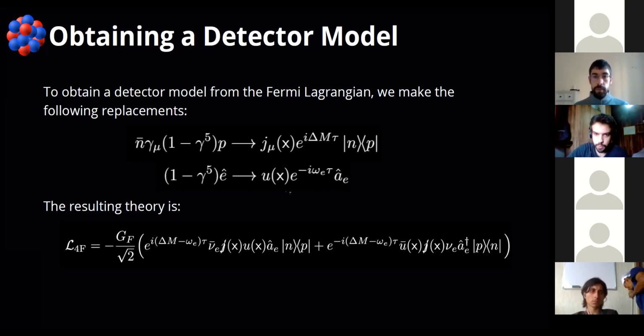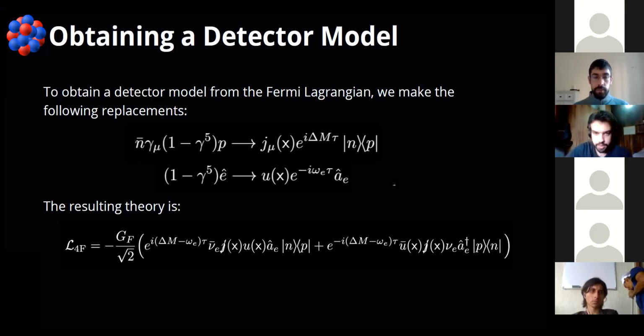And this u of x would be a spinor function associated to the position profile of the electron involved in this process as well. And the AE would be the electron annihilation operator. If this would be an E bar, then this would be U bar and AE dagger, right?